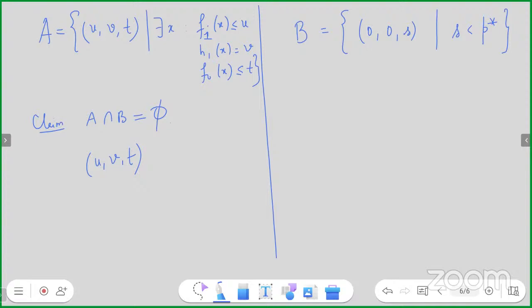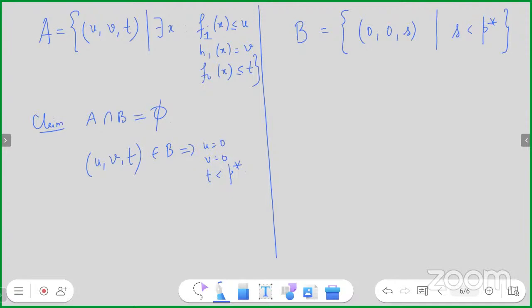We will look at the third condition. If it belongs to B, what do we get? u is equal to 0, v is zero, and t is less than P star. That's by definition. Something has to go wrong here. What will go wrong? The third condition.